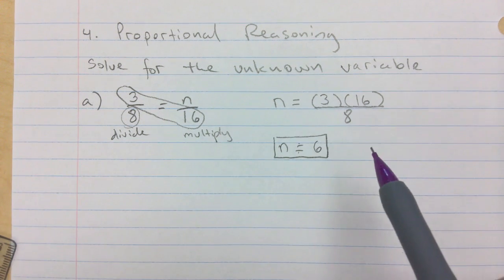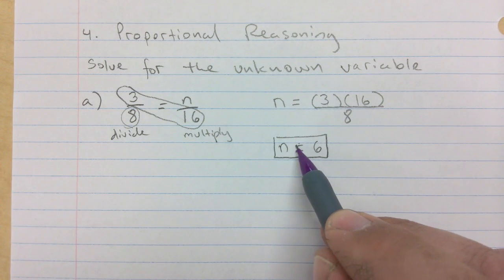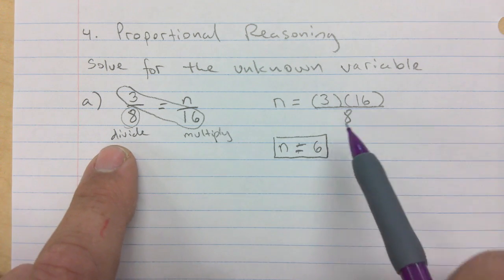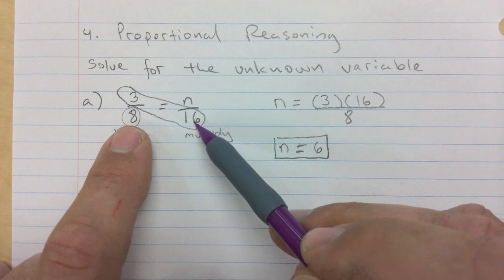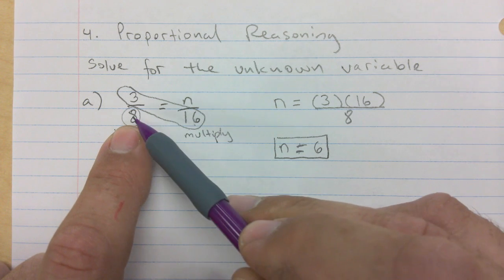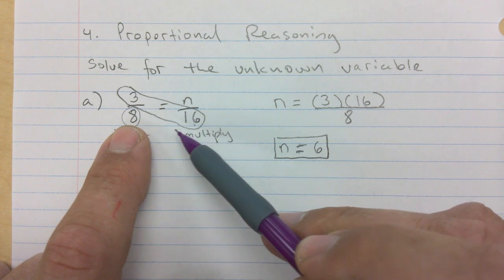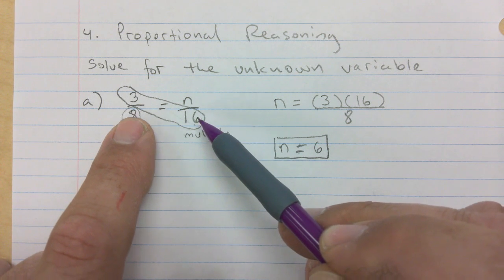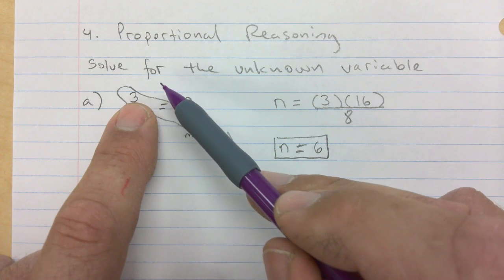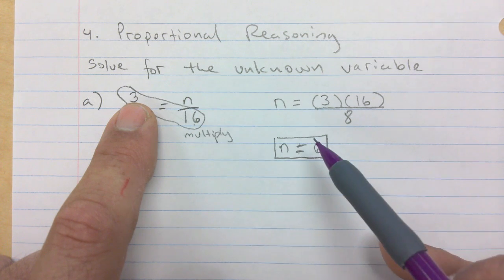Okay, so does it make sense for it to be 6? Well, let's look back once. Essentially, these two fractions should be exactly the same. Watch. From 8 to get to 16, you'd have to go 8 times 2 to get 16. 3 times 2, therefore, would give you 6, and that's what we got.